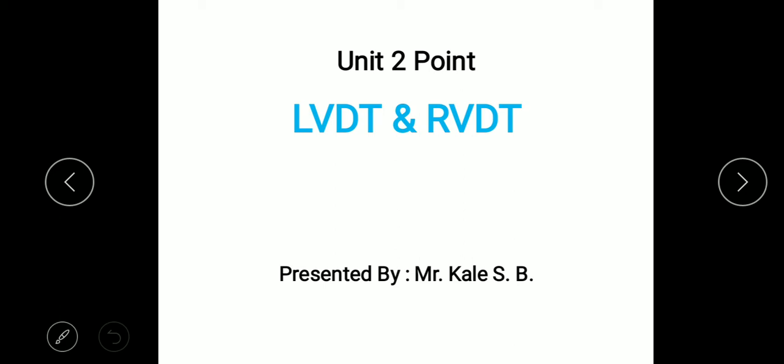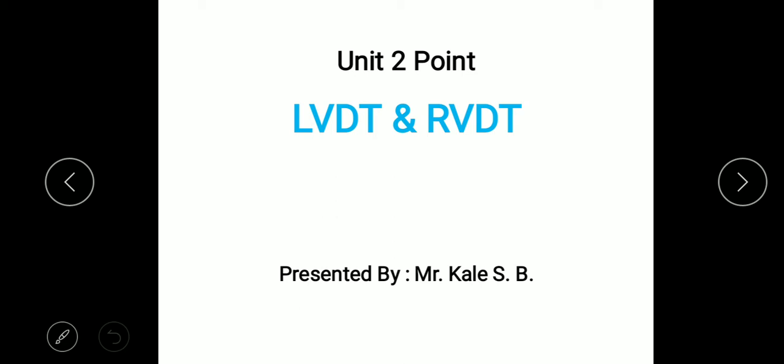That will also be okay, because these devices LVDT, the word linear, is used to measure the linear displacement, pressure, force, and the RVDT is used to measure the angular displacement of a body.